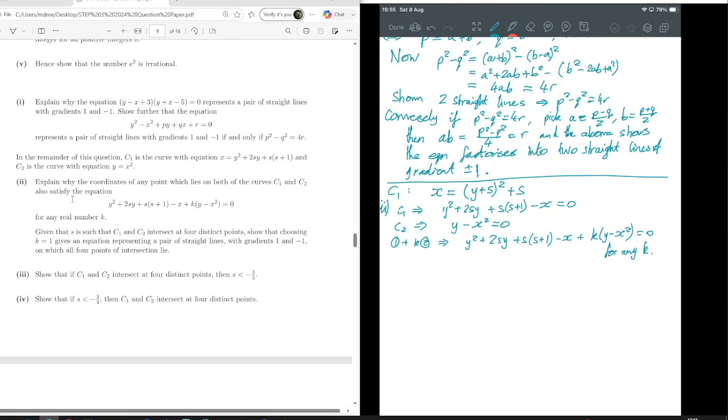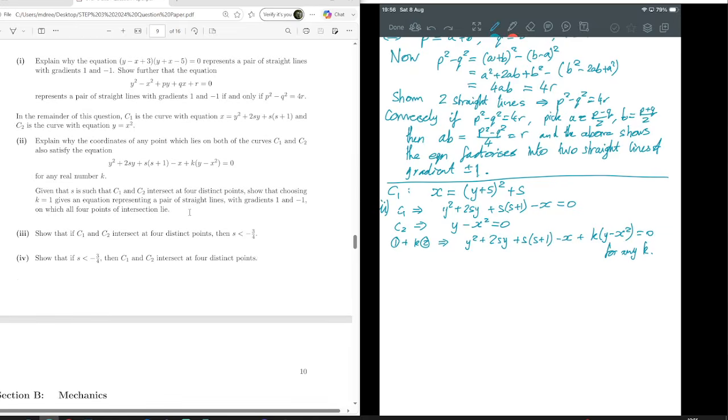So I've included an extra thing, I've made it a lot worse of an equation. There's better information here than there was in this new one. But this new equation is of the form that we've already considered in part I. It's a y squared, not quite a minus x squared, because it's got the k there, but it's going to be similar.